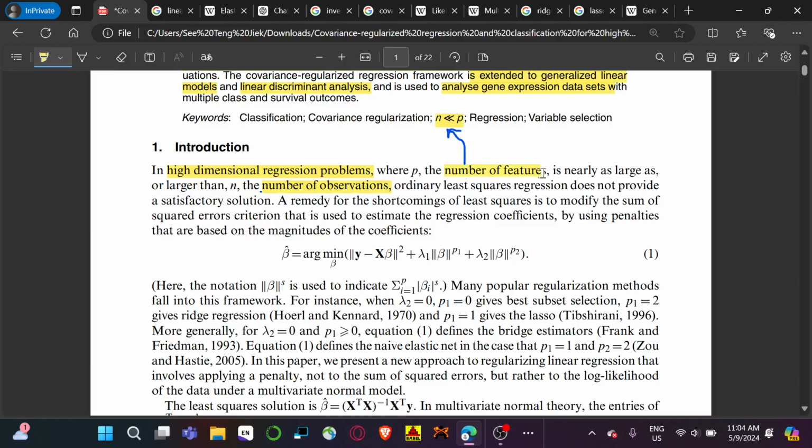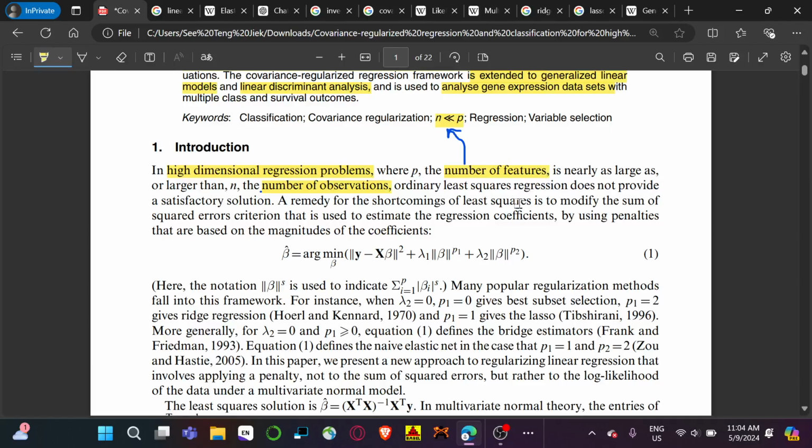Like I say, this has to do with the curse of dimensionality: the more features you have compared to the number of observations, the harder it is to do any kind of learning at all.